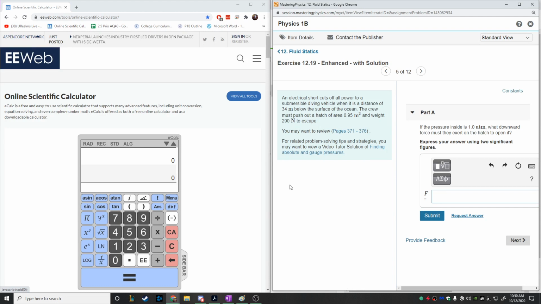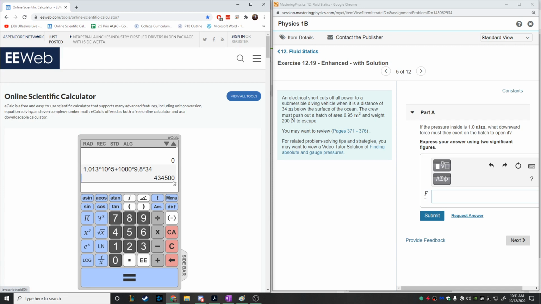Okay, so let's just check. The additional pressure is given by the pressure at the surface, which is 1.013 times 10 to the 5, plus rho g h. Rho is 1,000 for water, times 9.8 for g, times 34 meters.